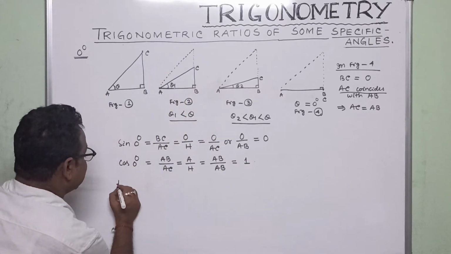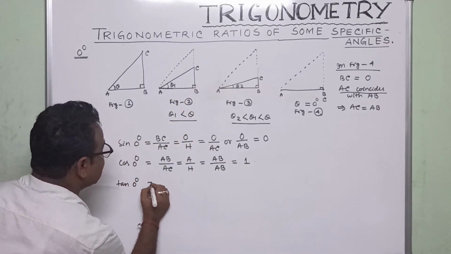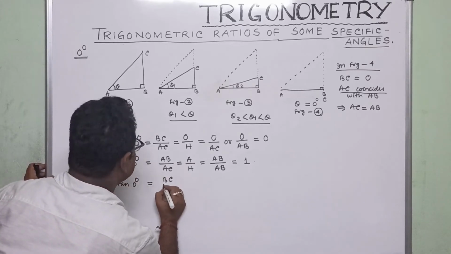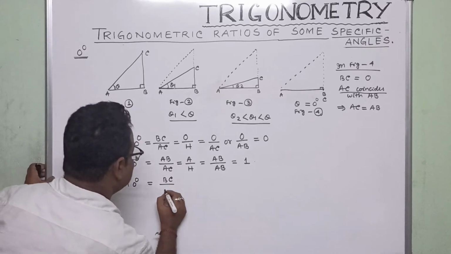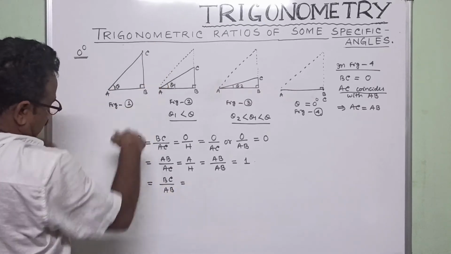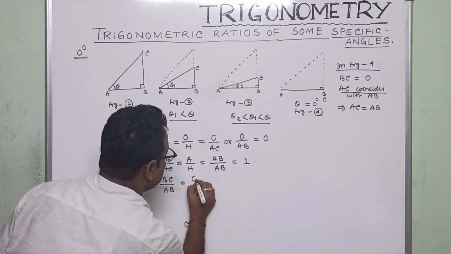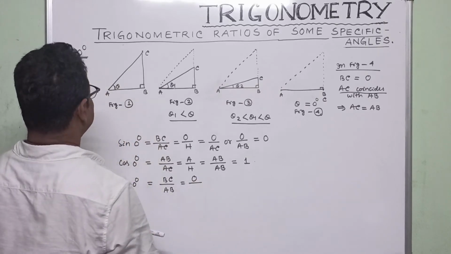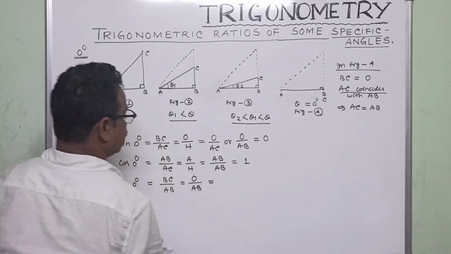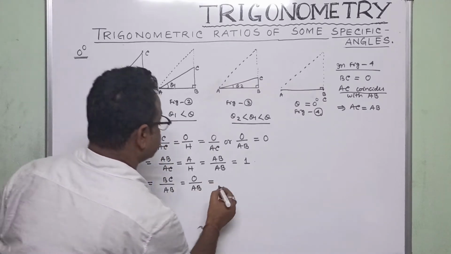Now come to tan 0 degree. Tan 0 is equal to BC by AB. BC is 0, so 0 by AB is equal to 0.